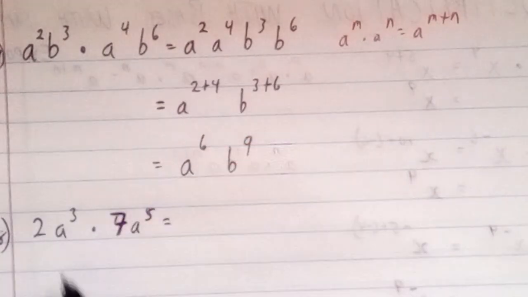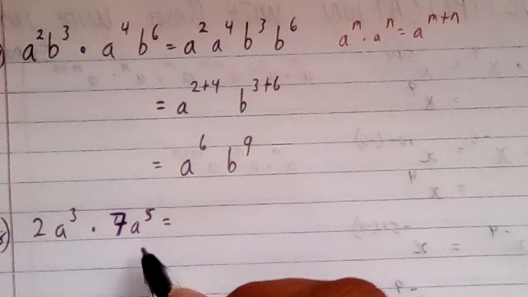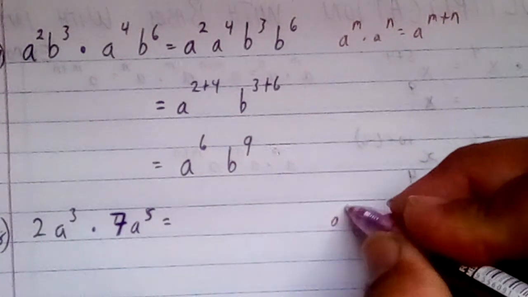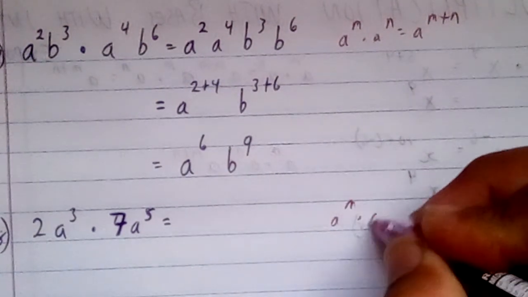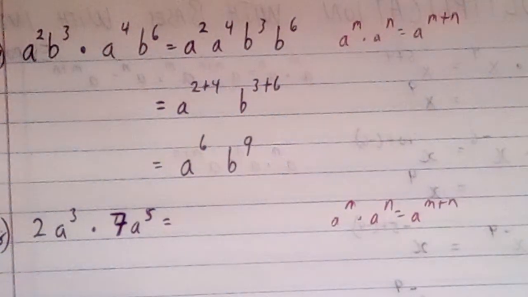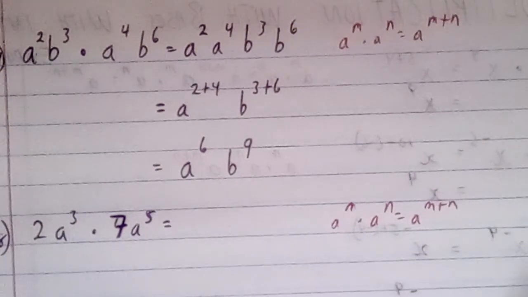So this is 2a to the third times 7a to the fifth. Well, the rule says that if the bases are the same, then we will keep the base and simply add their powers. In this case, 2 and 7 are not the same base, they're not the same number.